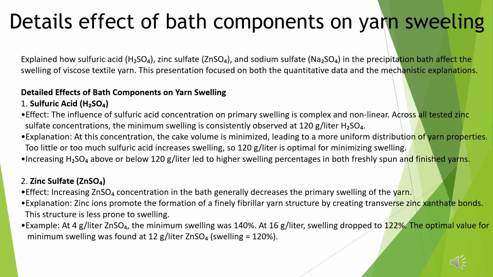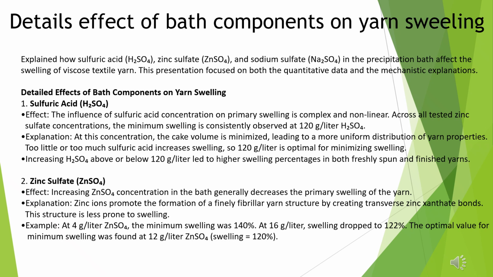Too little or too much sulfuric acid increases swelling, so 120 g/liter is optimal for minimizing swelling. Increasing H₂SO₄ above or below 120 g/liter led to higher swelling percentages in both freshly spun and finished yarns.